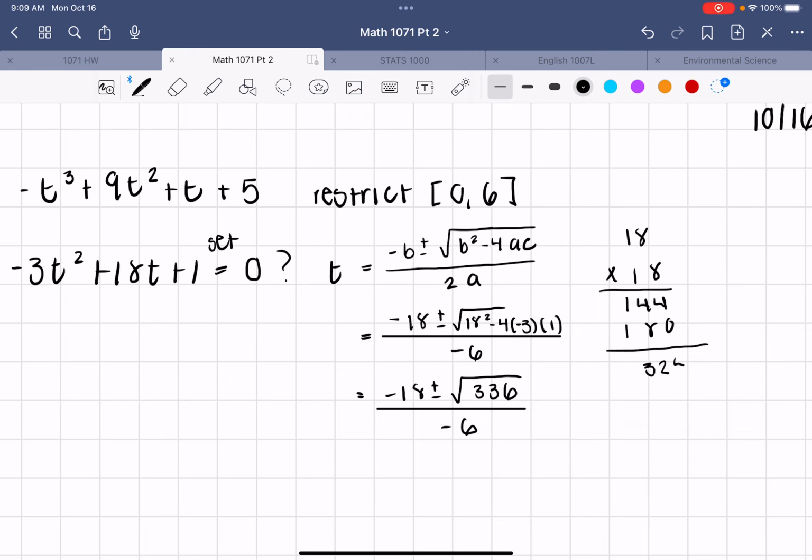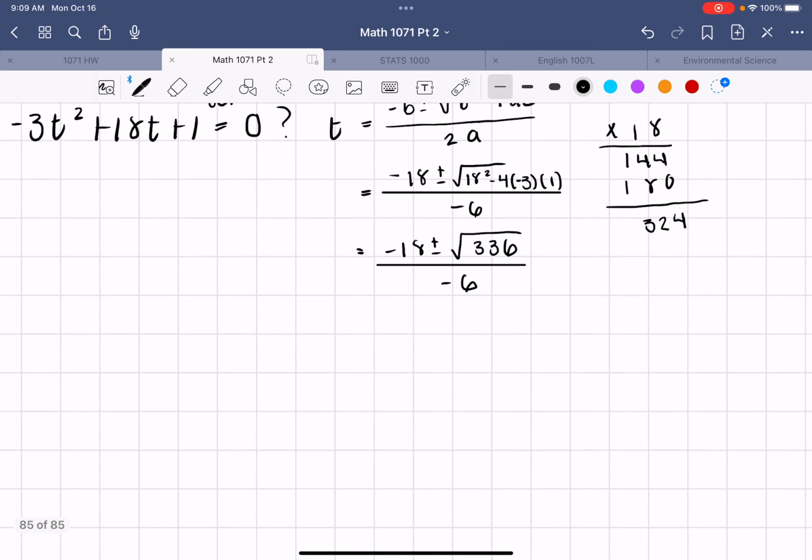They hadn't wanted you to do this in general, because you see, those are not in the interval 0 to 6.